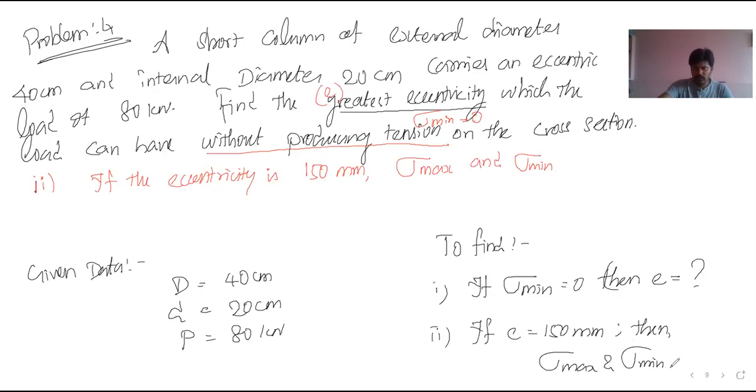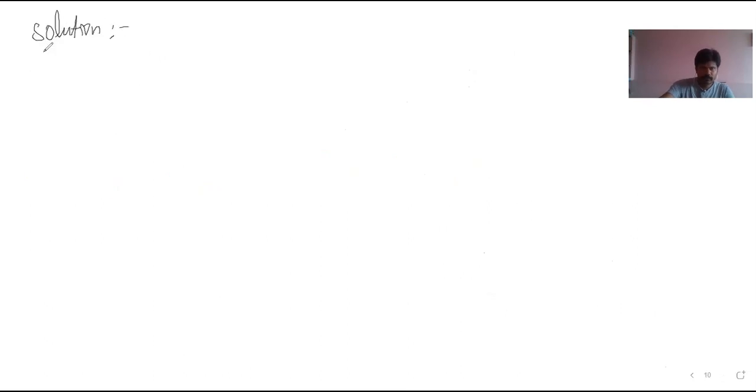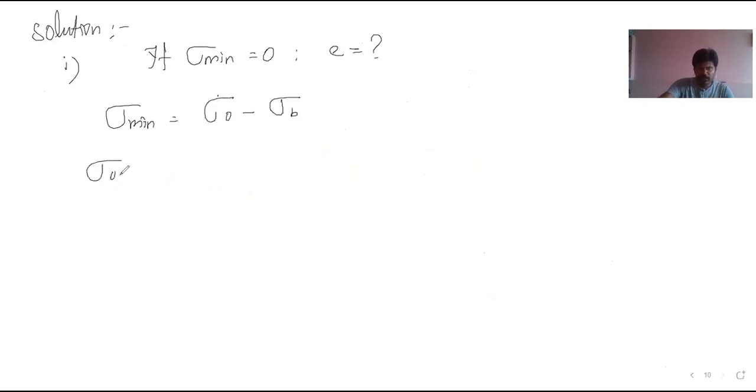Let us move on to the problem solution. For the first question, if sigma minimum is equal to 0, no tension, what is the value of E? We all know that sigma minimum is equal to direct stress sigma naught minus bending stress sigma b. Sigma naught is equal to P by A, and sigma b is equal to M by I into y.